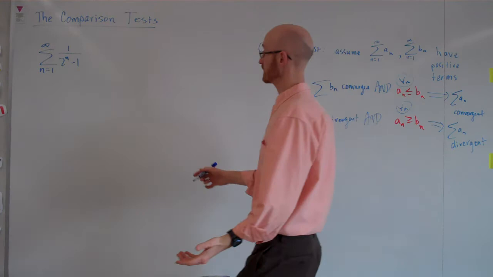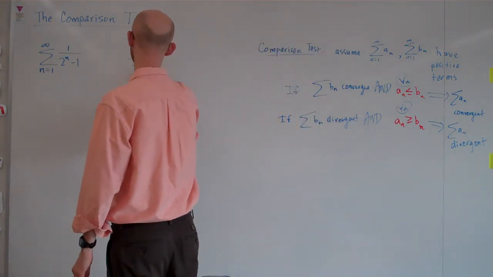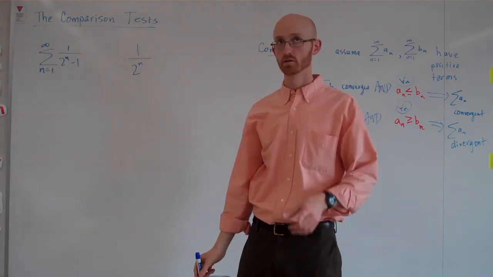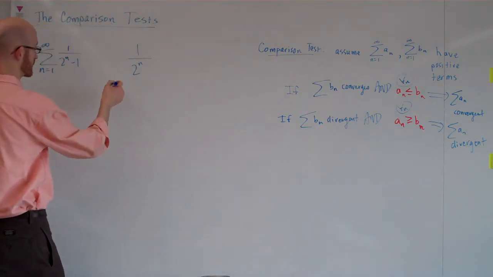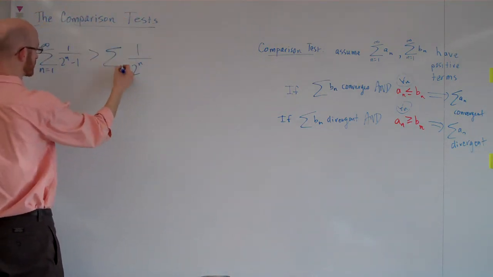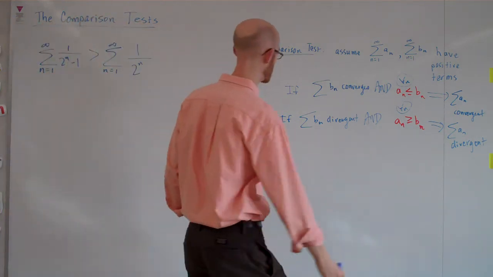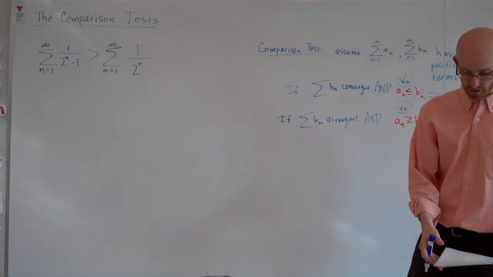And hopefully immediately you're starting to think, okay, what am I going to compare this to? All right, I'm going to compare it to 1 over 2 to the n. So how does that compare to 1 over 2 to the n? Think about the denominator issue again, maybe even pause it, and you'll realize that that's the case. And it's like, okay, great, it's greater. I'm going to apply this bottom guy. It's going to be sweet.